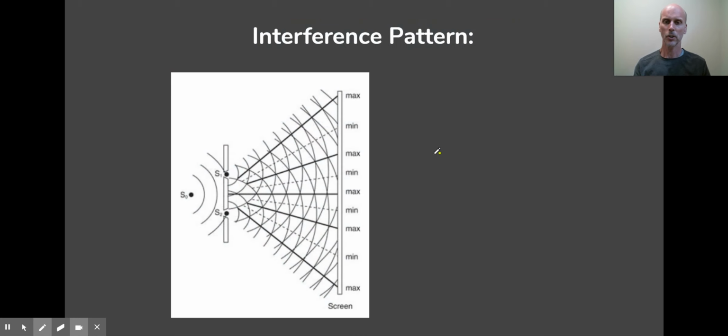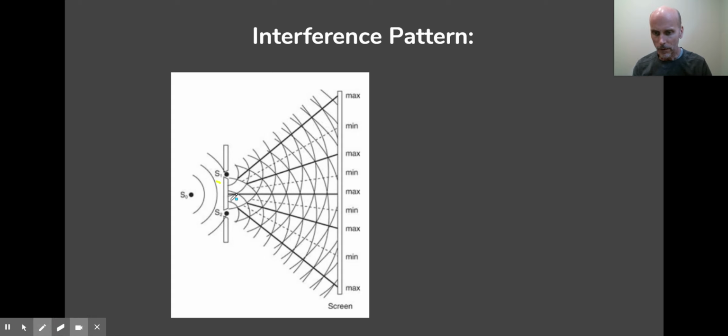If we look at a still shot of the interference pattern, it looks like this. We have two sources, source 1 and source 2, indicated here, and you can see the crests and troughs generated at each source, frozen in time for us.